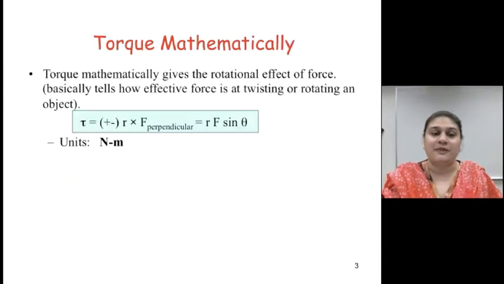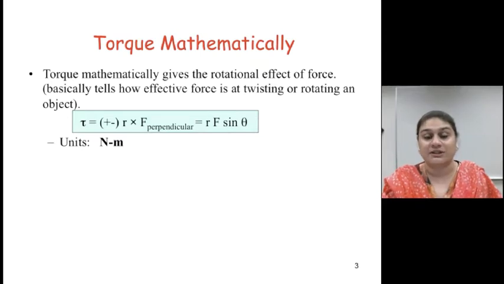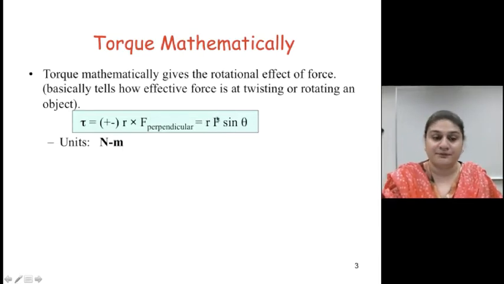So torque mathematically is going to be given as r cross F, where r is a vector and F is also a vector. This is a cross product between the moment arm and the perpendicular force, so that will be given by rF sine theta, where theta is the angle between the moment arm and the force applied.